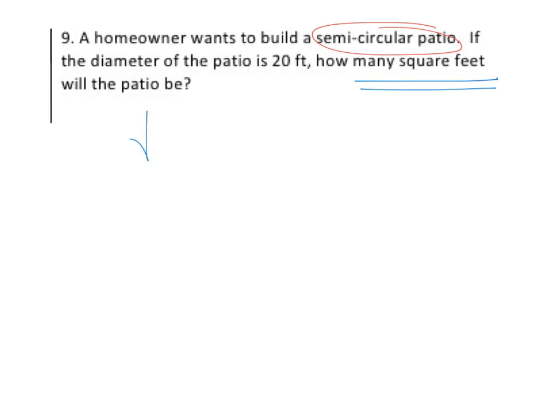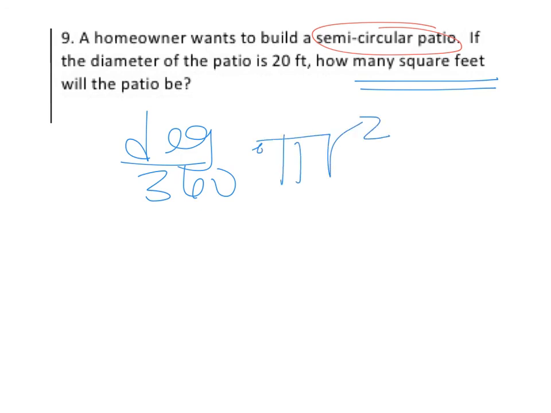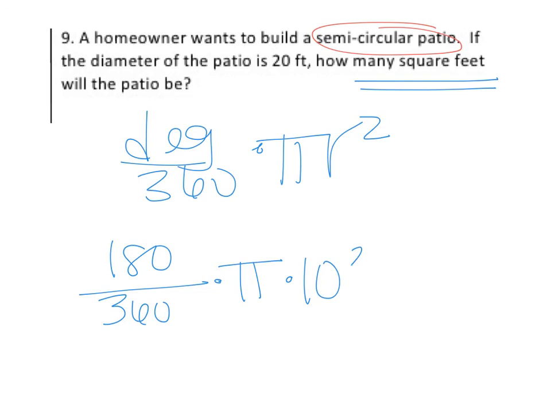So if we are going to follow the degrees over 360, times area, which is pi r squared. If it's a semicircular patio, the degrees is 180 degrees over 360 times pi times our radius would be 10, and we're going to square it. That would give you 50 pi.